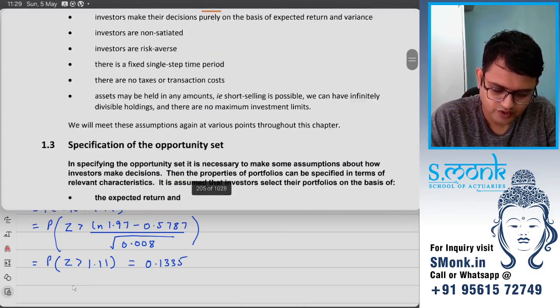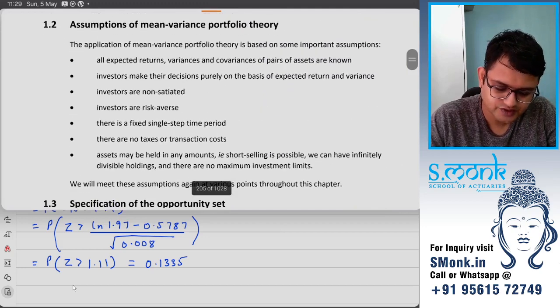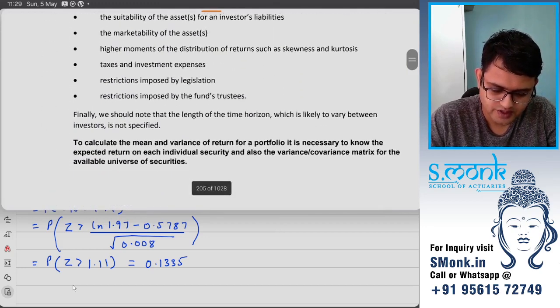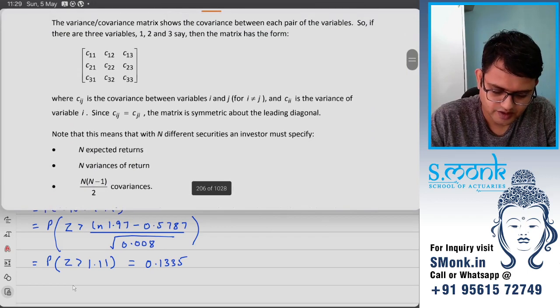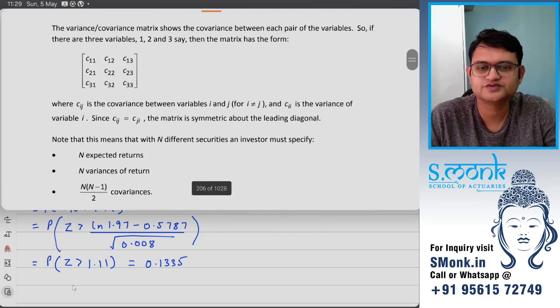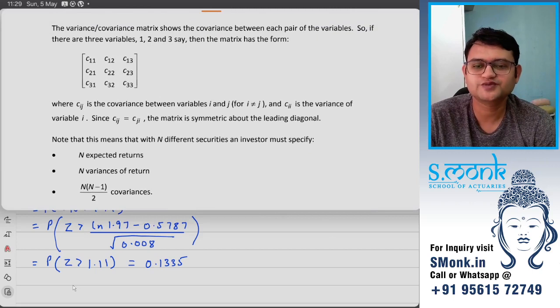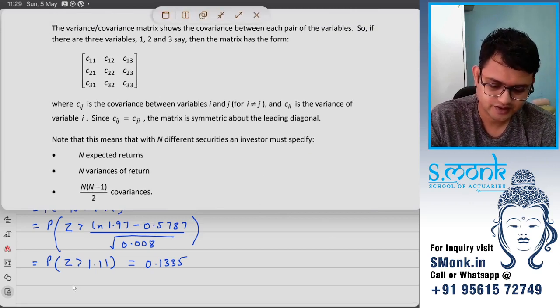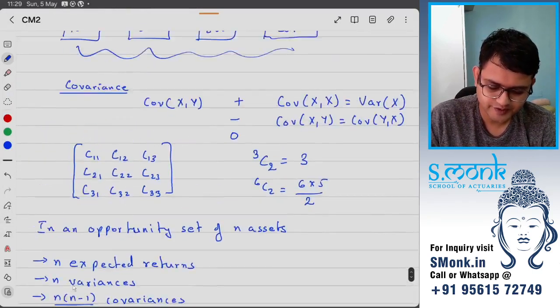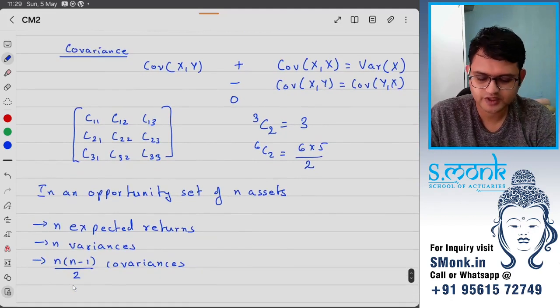So, we talked about all the assumptions, right? And we talked about these things. We said we'll make a covariance matrix. Yesterday, I showed you what a covariance matrix would be, right?